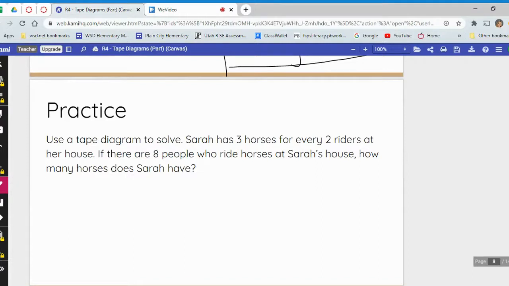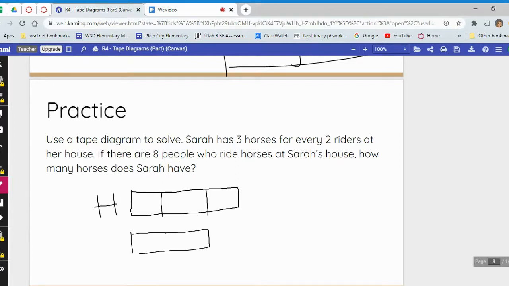Sarah has 3 horses for every 2 riders at her house. So let's get that set up. She has a ratio of 3 horses for 2 riders. If there are 8 people who ride horses at Sarah's house, so the riders, right, equal 8.